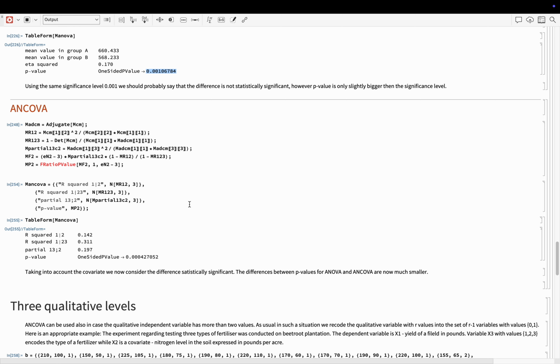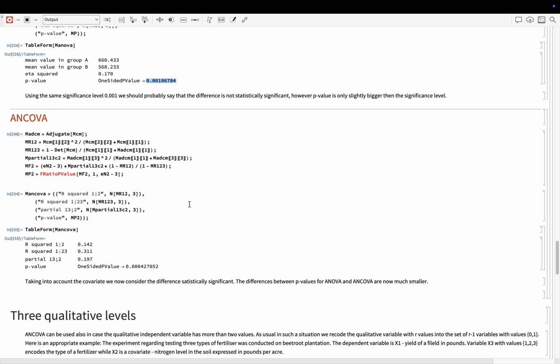Again, the same calculations as before. We compare the two regression models, the reduced regression with only a covariate and the full regression with a covariate and experimental variable.